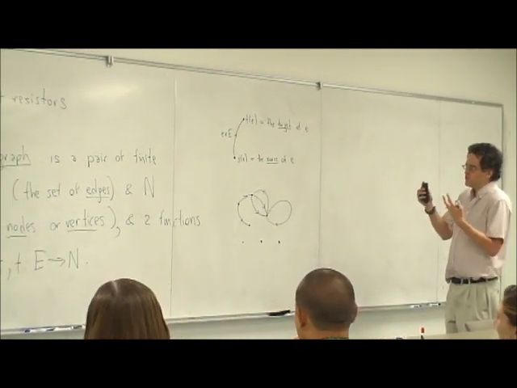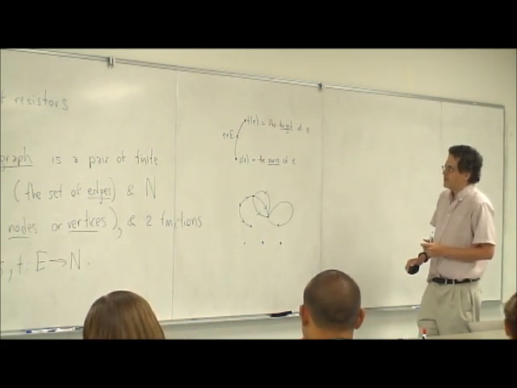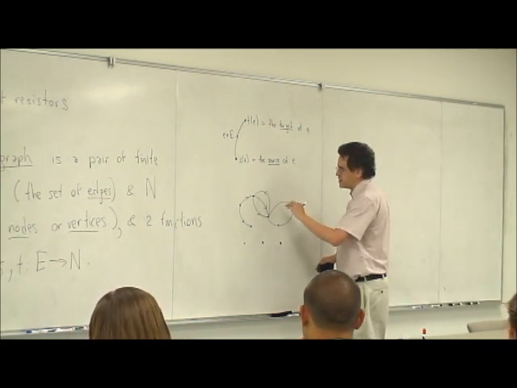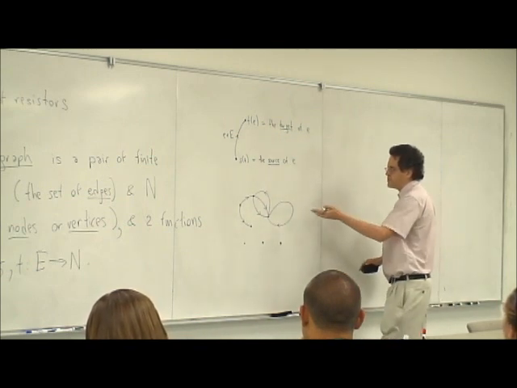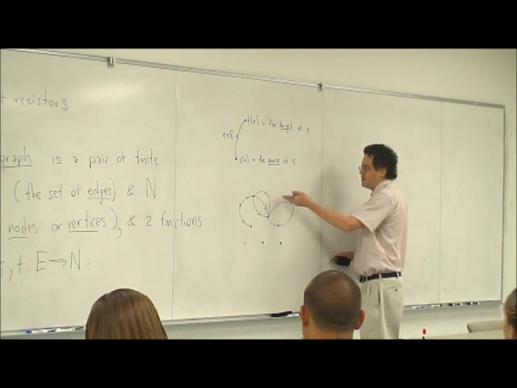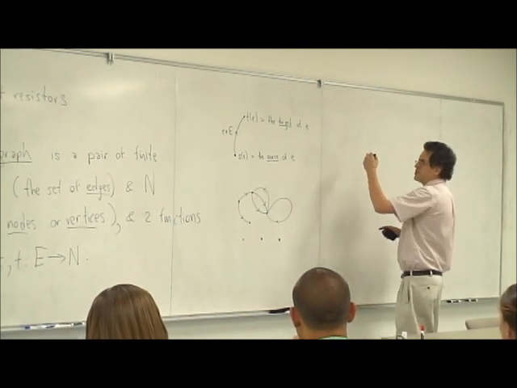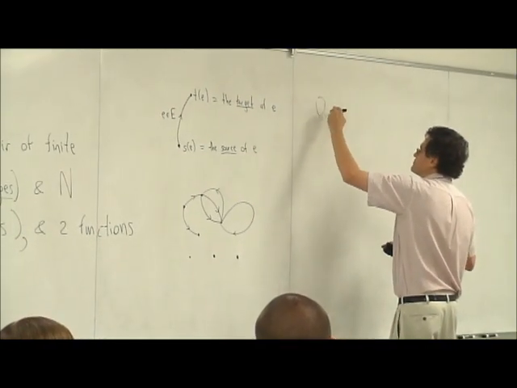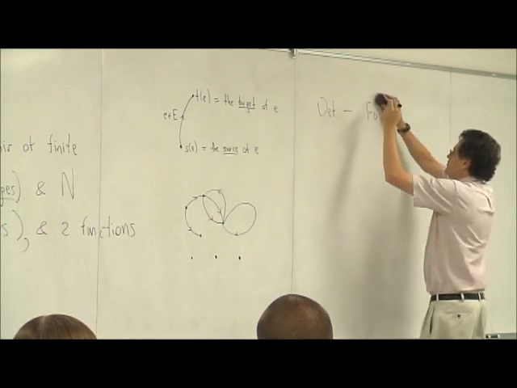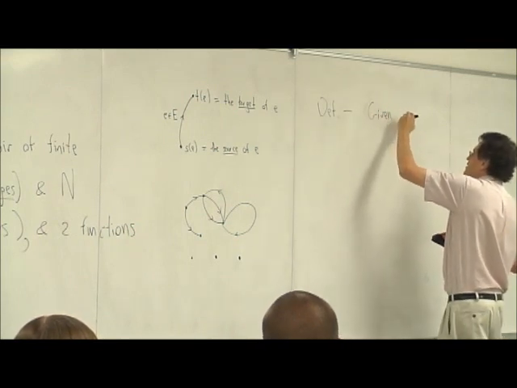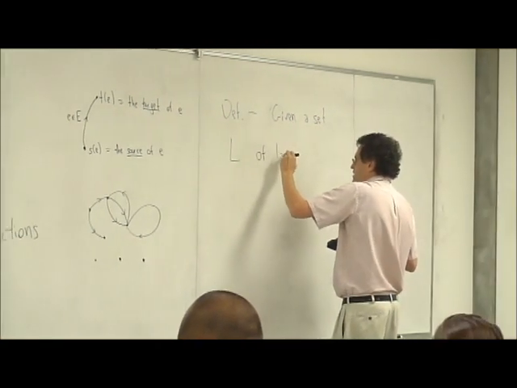Okay, so we want our networks to be graphs for starters, but we would like to label the edges very often. For example, with resistances. We might like to put a number called the resistance on each edge, or do other things. So we make another definition. So given a set L, we'll call the set of labels.